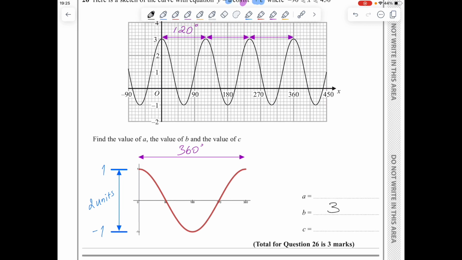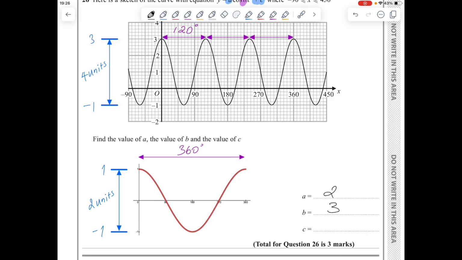Now, if I have a look at the vertical height of this graph, you're going to notice it goes from minus 1 to 3. So it has a height of 4 units. And going from a height of 2 units to a height of 4 units means I have stretched the graph by a scale factor of 2. Therefore, the value of A is equal to 2.